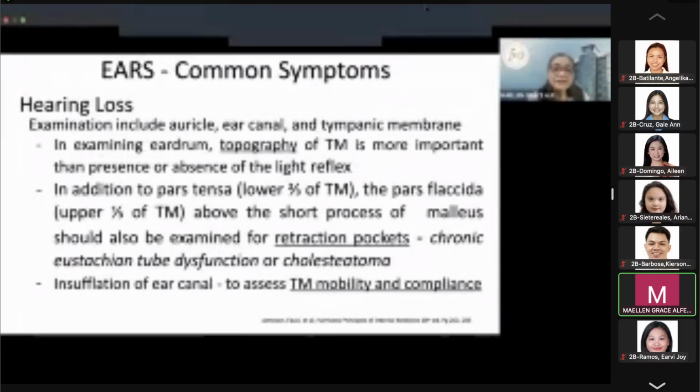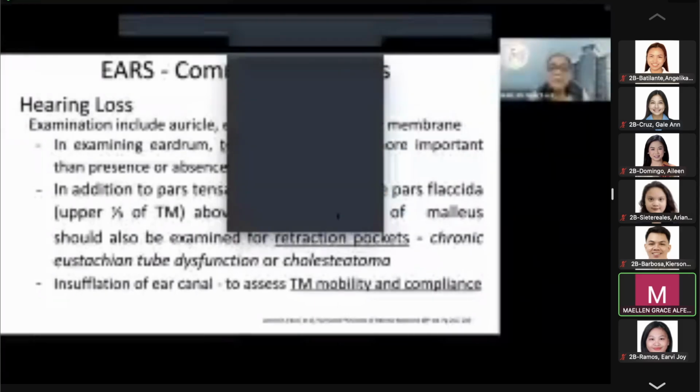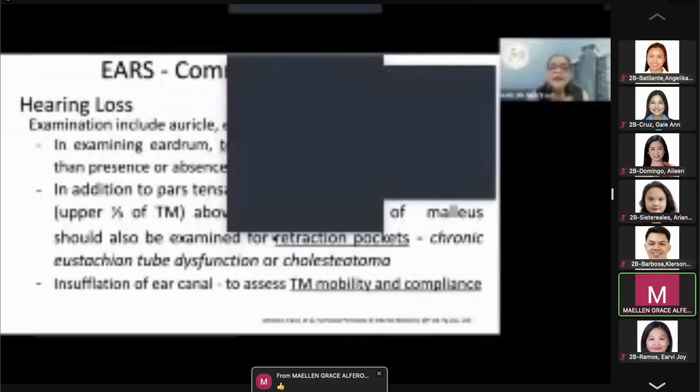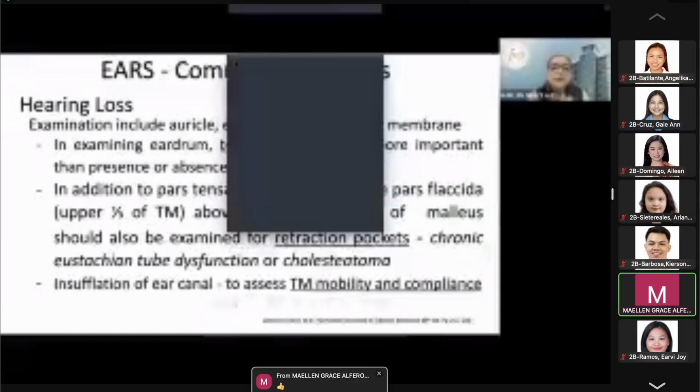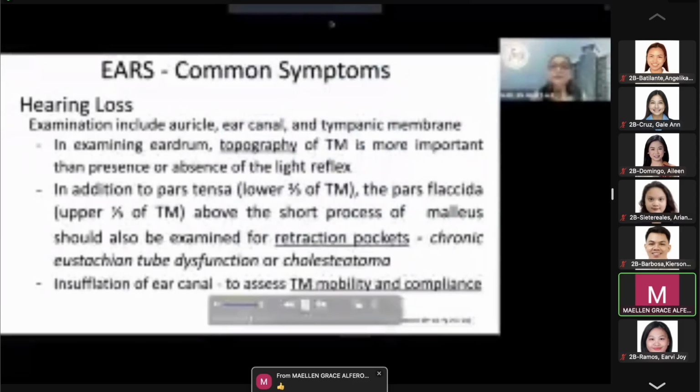Now, you know that the 2/3 of the tympanic membrane at the lower portion is the pars tensa, and the upper portion, which is 1/3 of the tympanic membrane, is above the short process of the malleus.